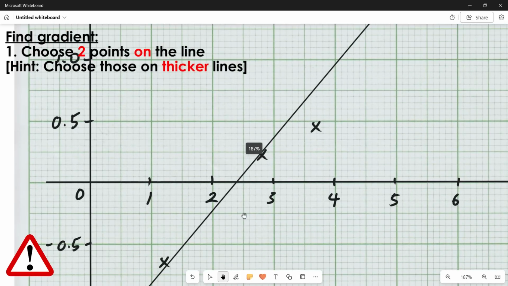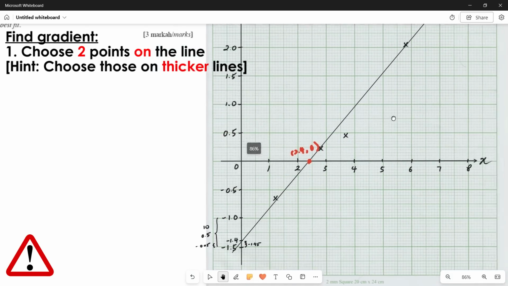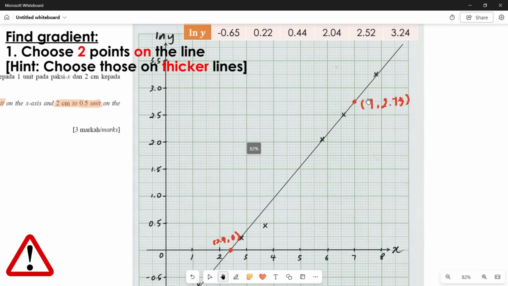So let me focus here, and let's select the x-intercept. Right? Because again, it's easy to find the coordinates. So the x coordinate here would be 2.4, and since it intersects the x-axis here, the y value is 0. Okay, so now we can find the gradient according to these two coordinates.